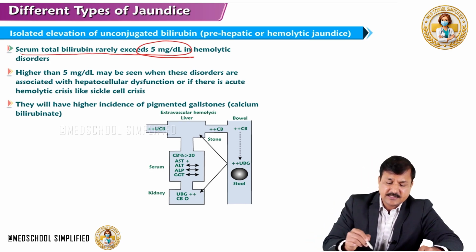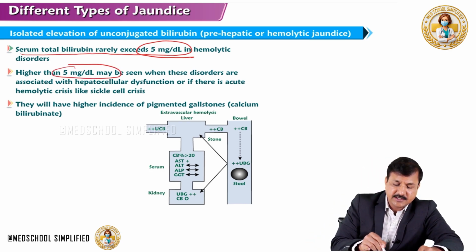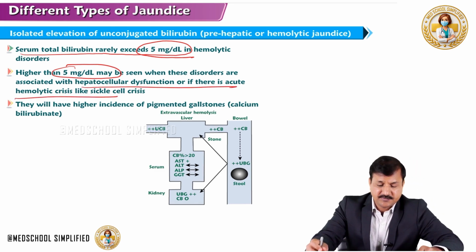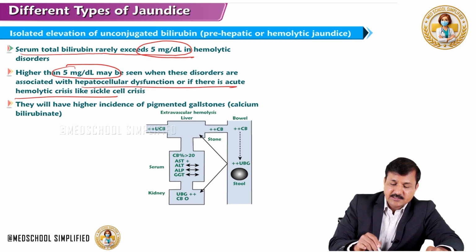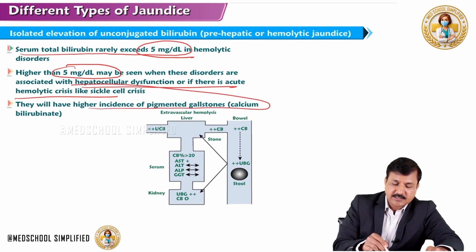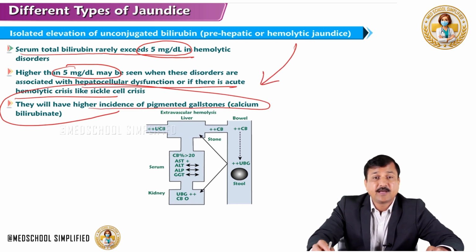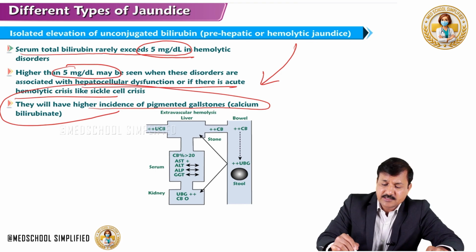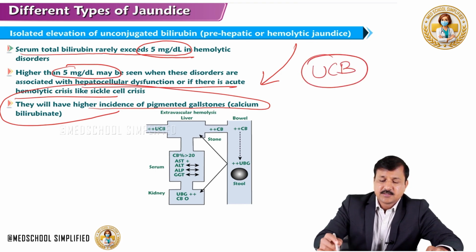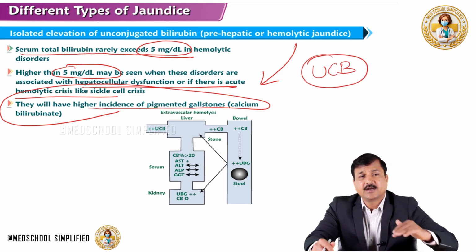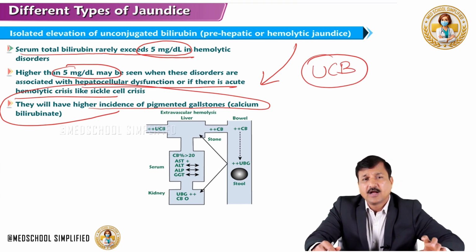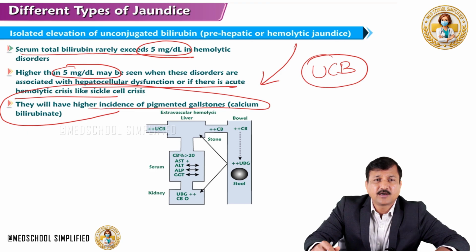Just in case it exceeds 5 mg per deciliter, it may be associated with hepatocellular dysfunction in handling bilirubin, or it can be a hemolytic crisis also. They will have a higher incidence of pigmented gallstones, that is calcium bilirubinate stones, in hemolytic or pre-hepatic jaundice, because of excess levels of unconjugated bilirubin, which is conjugated at maximum rate in the liver, and that conjugated bilirubin can reach the gallbladder.